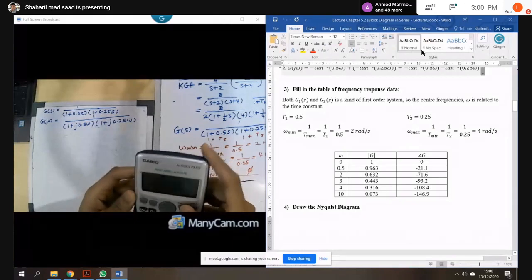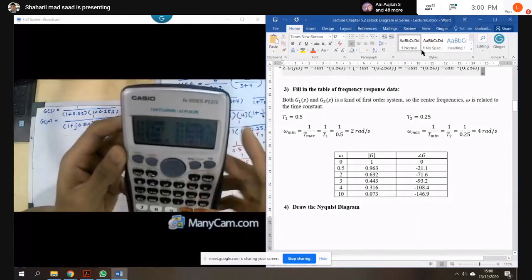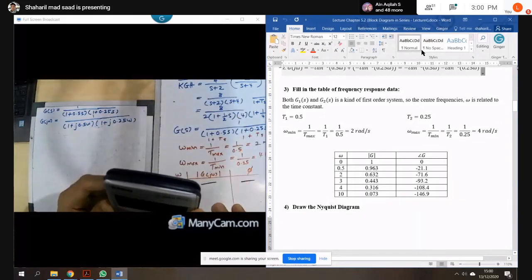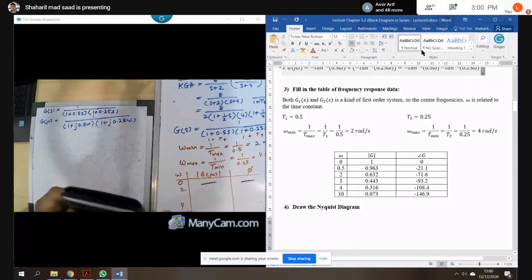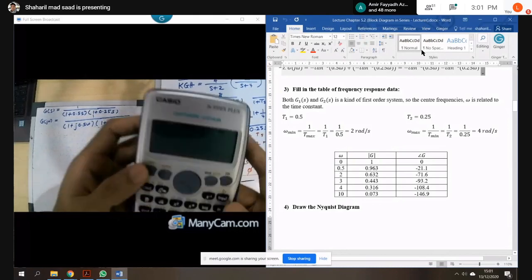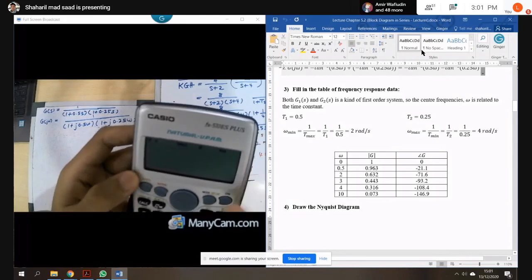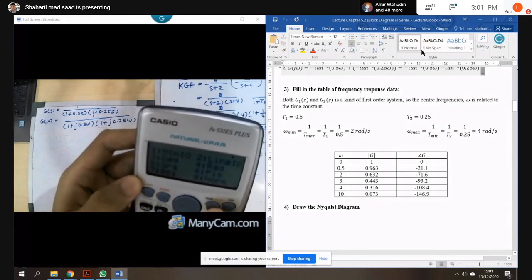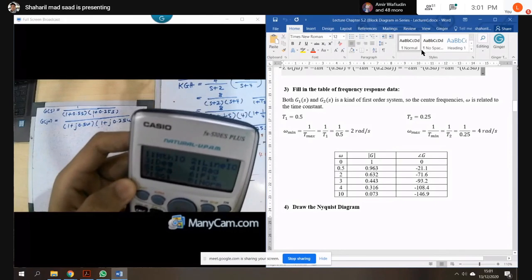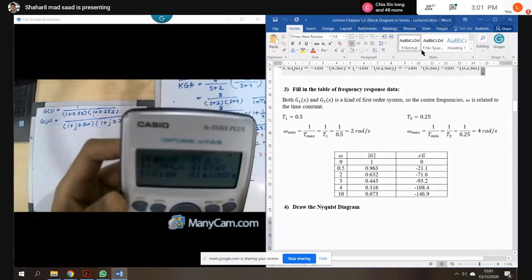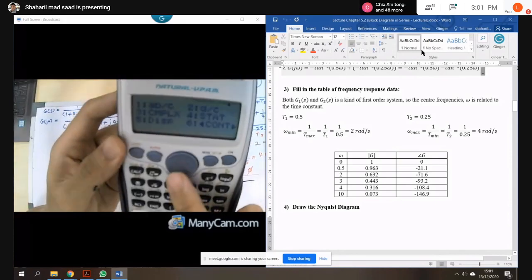Another thing you need to choose, if you use the calculator, you press shift and then setup.